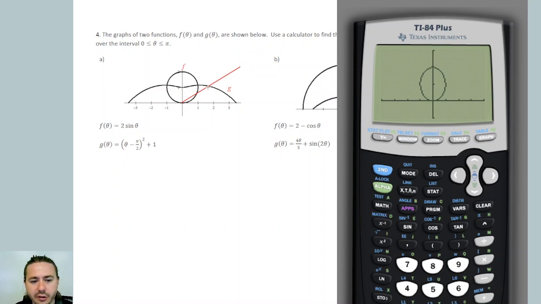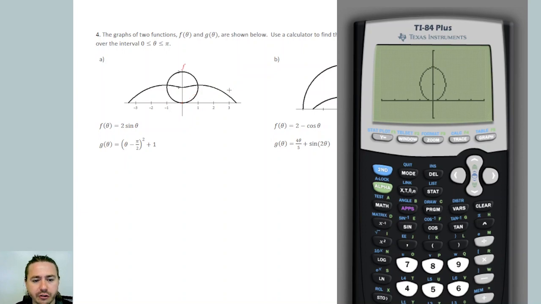The point on curve G is further away from the pole than the point on F. So if this is the r value for F, and this is the r value for G, what this tells me is that G is greater than F at that angle measure. So in other words, if the point is further away from the pole, then the r value will be greater.